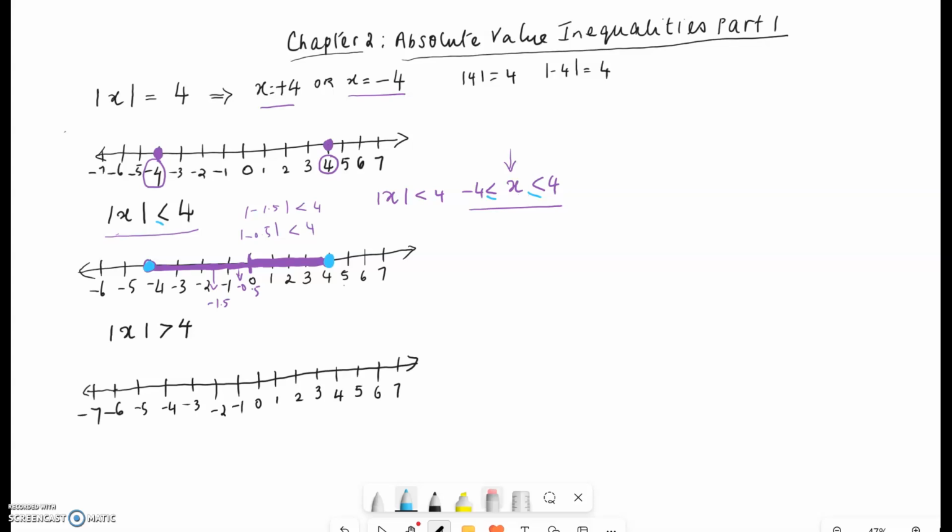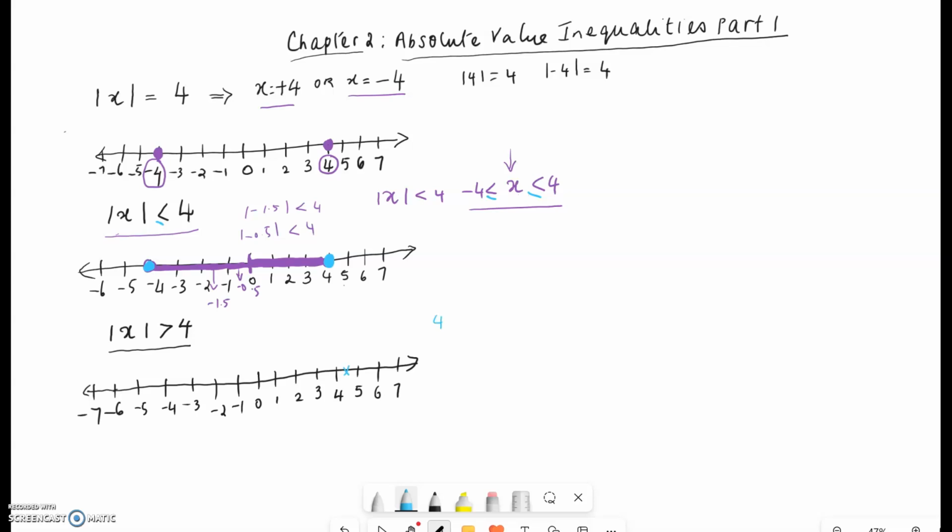Now let's think about this inequality. Absolute value of x is greater than 4. So let's think of everything that will satisfy this inequality. Suppose I'm looking at a number here to the right of 4. Will the absolute value of that number be greater than 4?